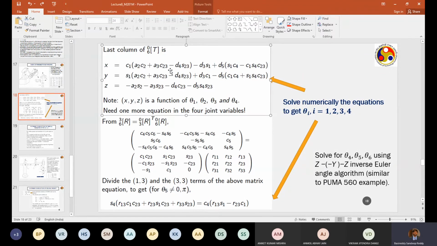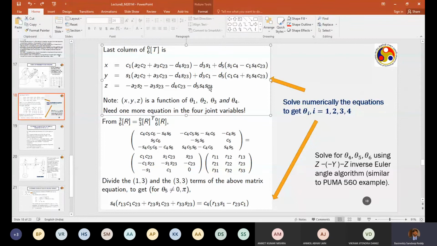How is this x, y, z different from what we have studied for the intersecting wrist case? You can see that x, y, z is a function of theta 1, theta 2, theta 3 and theta 4 also. So we have 4 variables and you have only 3 equations. So you need one more equation, right?